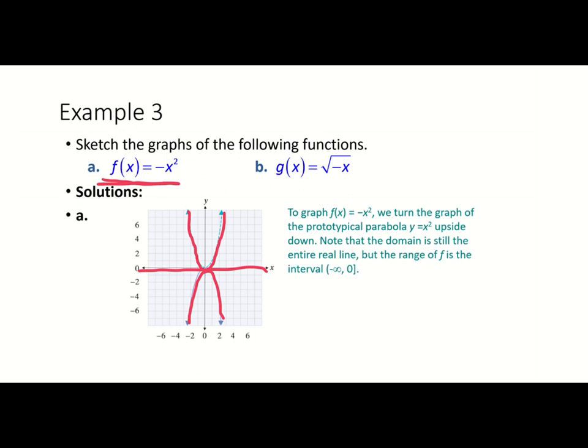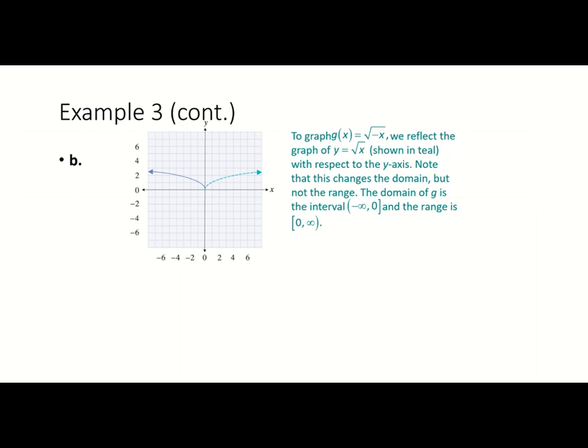And then if you take a look at g of x here, if it was reflected over the x-axis, it would be negative square root x. But because the negative is on the inside, this means it's going to be reflected over the y-axis. Here is a picture of the equation reflected over the y-axis.